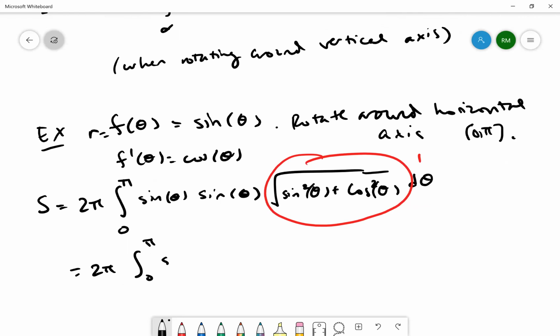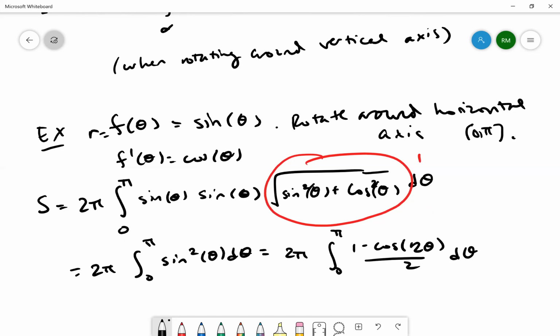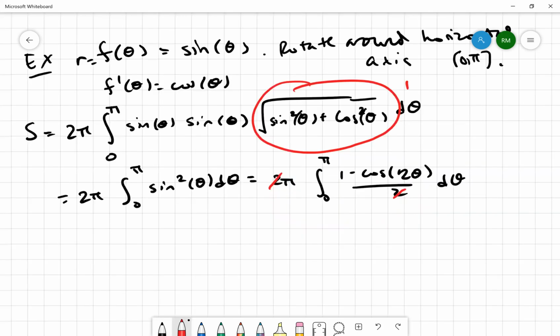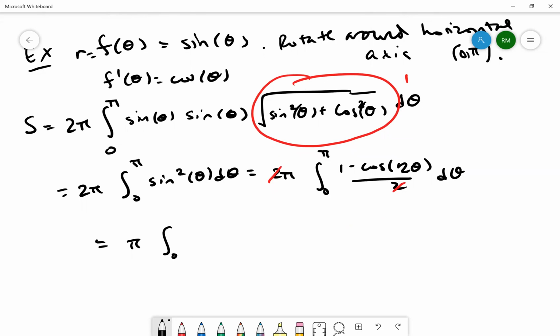And we're integrating the sine squared of theta, which we know is the same as 1 minus the cosine of 2 theta over 2. This becomes pi times the integral of 1 minus the cosine of 2 theta, which is then theta minus 1/2 sine of 2 theta, evaluated from 0 to pi.